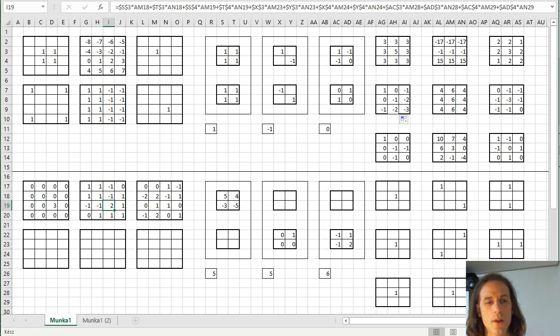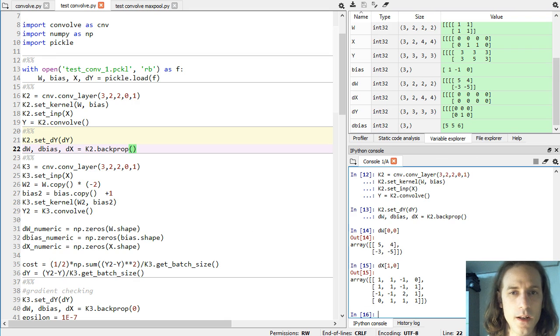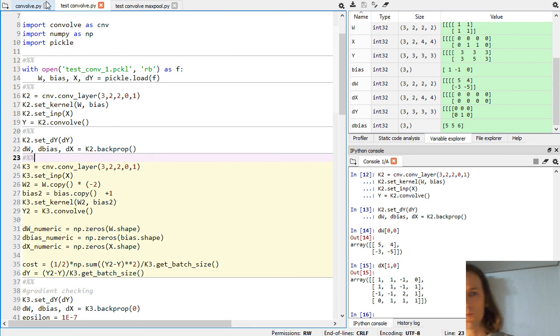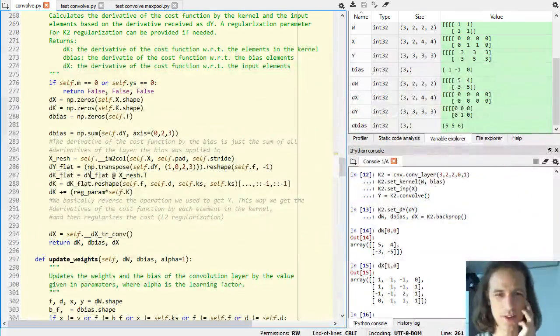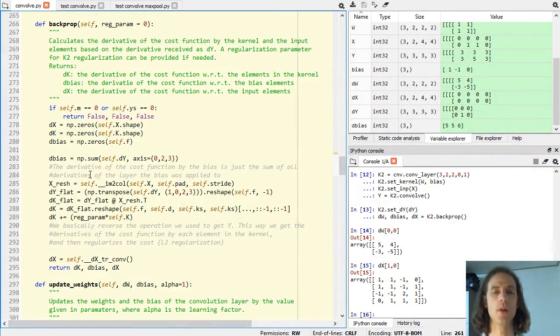So this is how I implemented the backpropagation with strided convolution. So it takes care of that part. And you can think about it like, okay, if we implemented it like that, why don't we just implement the convolution in the forward way, where we can have both padding and we can have both strides and we can have both dilution.